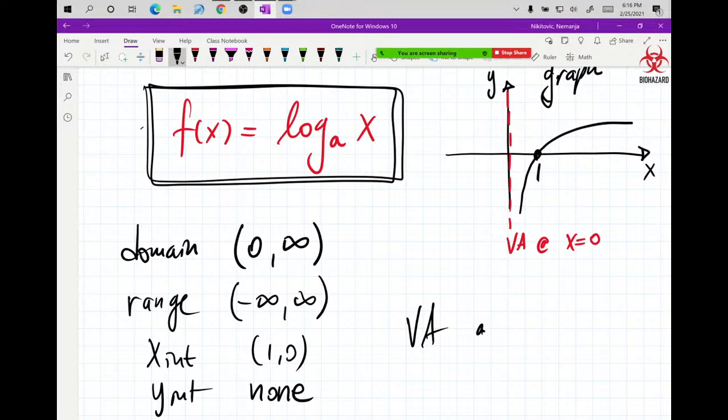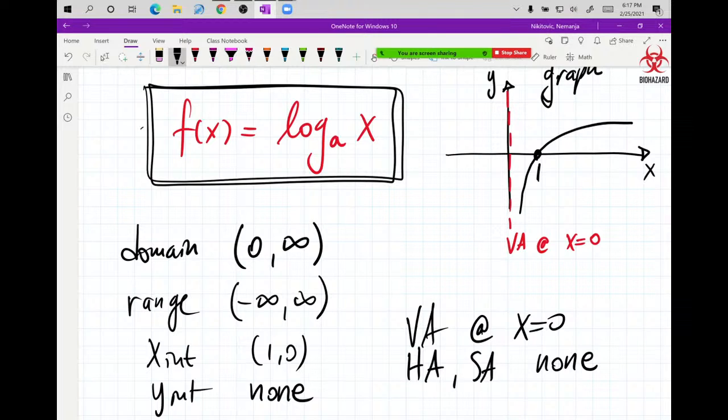Vertical asymptote at x equals 0, and horizontal asymptote none, because there are no horizontal or slant asymptotes in this function. These are your basic specs: domain, range, x and y intercept, and all of the asymptotes. And you have what we call the vanilla graph, the default basic graph. So what do we do now with the graph?